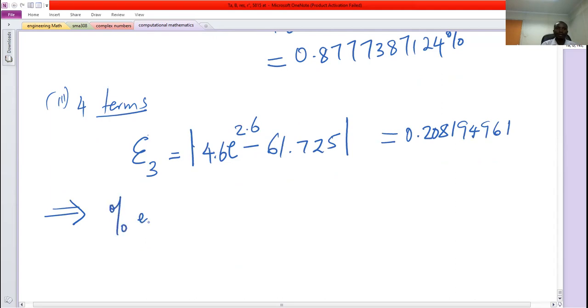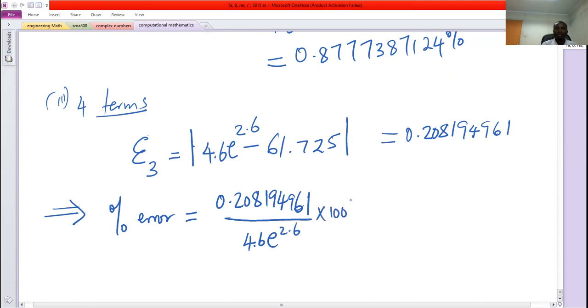So percentage error is 0.208194961 over the exact value 4.6 e raised power 2.6 times 100%, which will be 0.336160555374%.